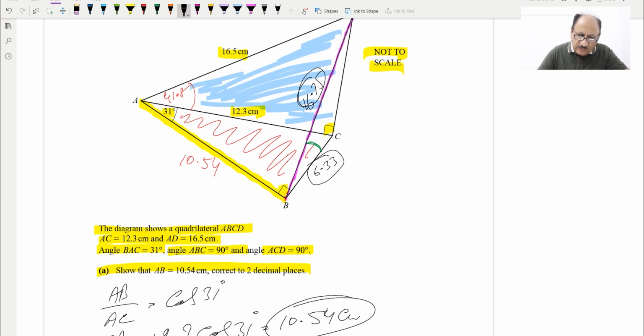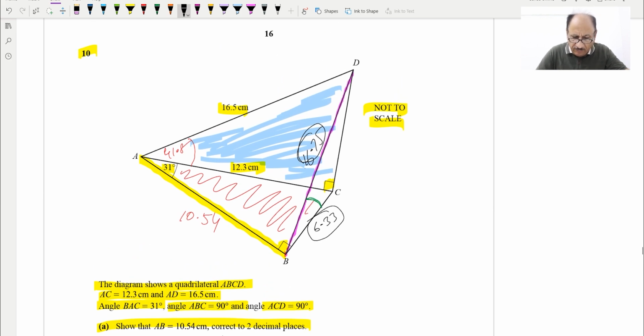If we have this CD, then we will have all three sides of triangle BCD, and then we will be able to find the angle. So we will find DC.